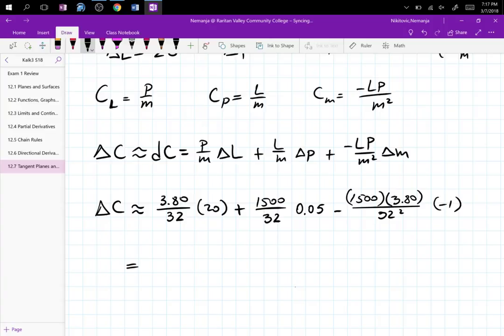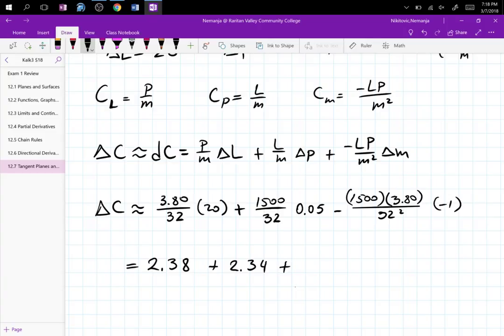Good. All right. So we have 3.8 times 20 divided by 32, and that gives us 2.375, plus, 2 zeros cancel, so 15 times 5 divided by 32 gives us 2.34. Actually, I should just keep cents because this is cost.